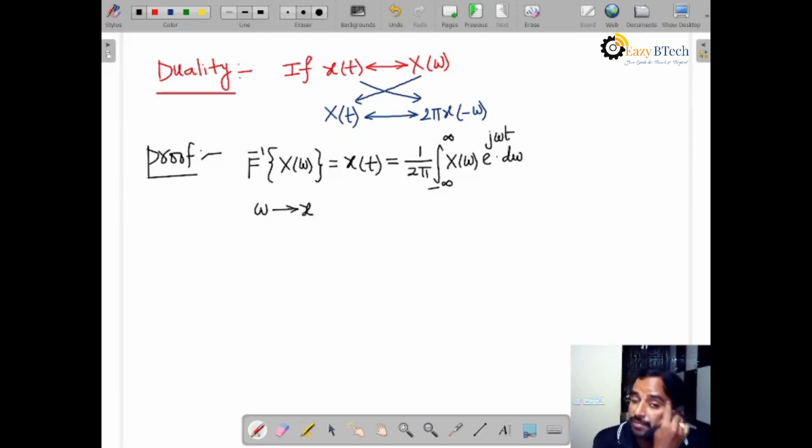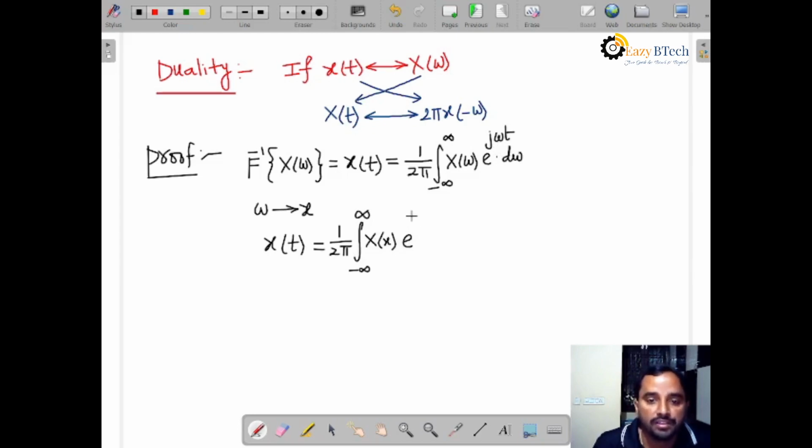Then x of t is equal to 1 by 2 pi integral from minus infinity to plus infinity of capital X of x e to the power j x t, and d omega becomes dx.